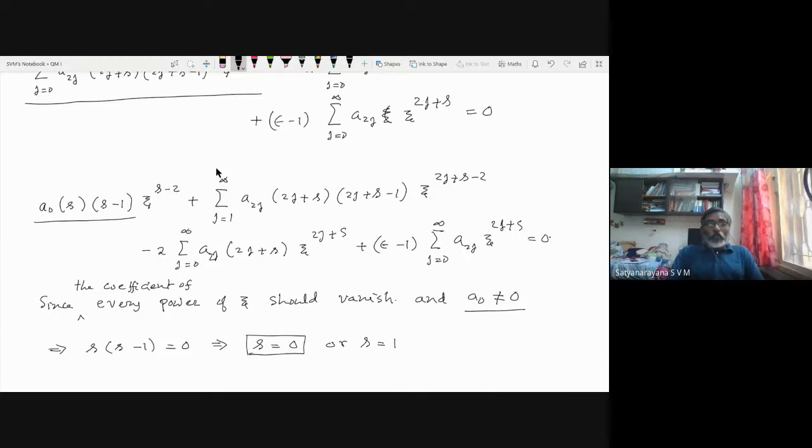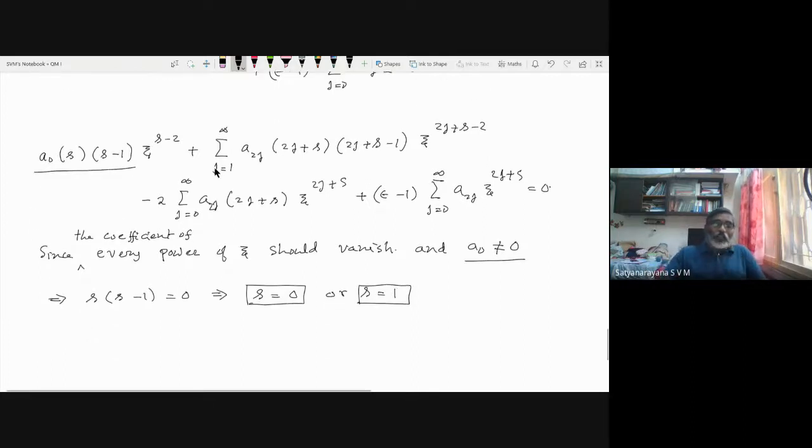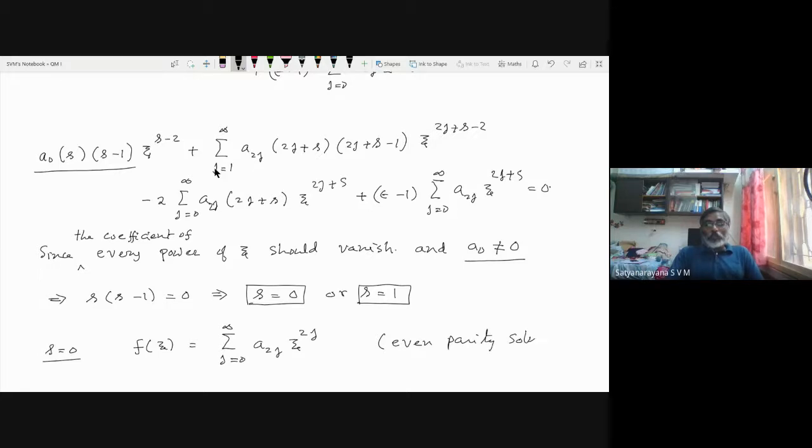Now you go back and inspect the way that we have written that. Remember, if s is equal to 0, your f of xi is equal to the sum over j equal to 0 to infinity of a_2j into xi to the power 2j. This is an even function. So, an even parity solution.